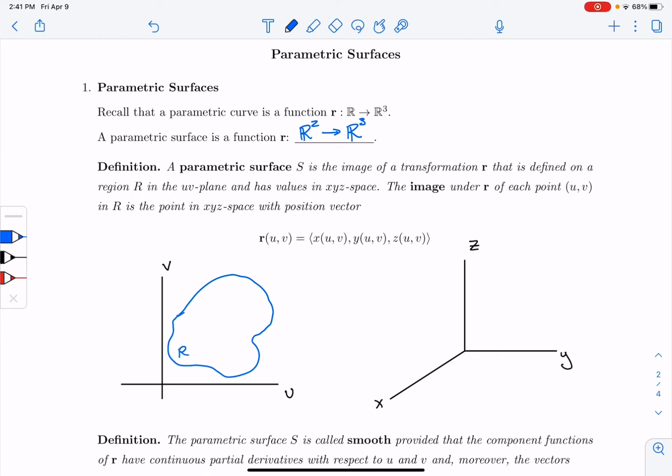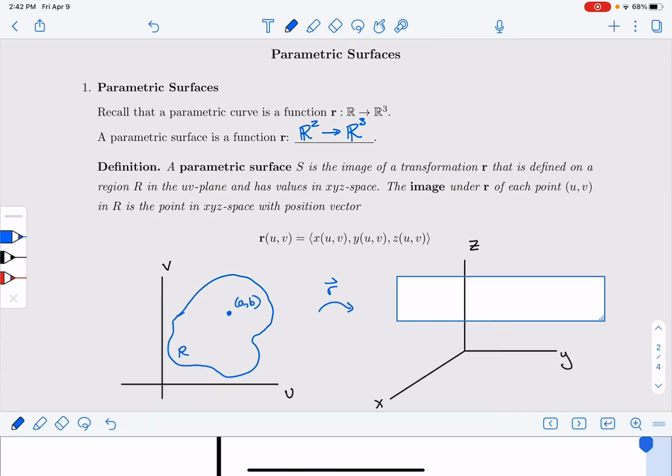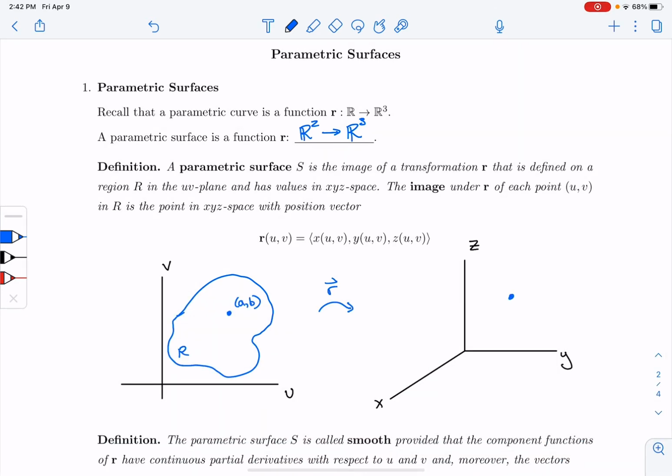Okay, and then every point in that region R is going to map to a point in 3-dimensional space, X, Y, and Z. So for example, if I have a point, we'll call that point AB, that point will map to a point in 3-dimensional space using that function R. So I can pick a point, say here, that it maps to in 3-dimensional space.